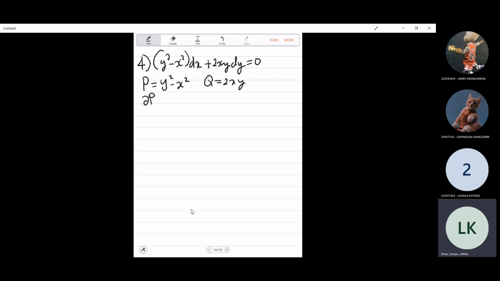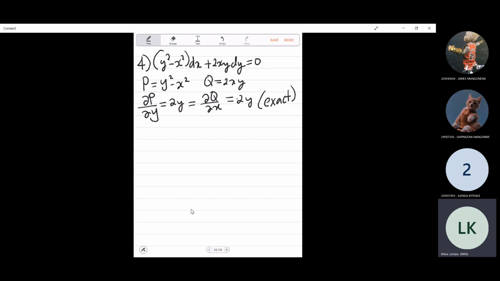So we differentiate p with respect to y, we get 2y. We differentiate q with respect to x, we get 2y. So you can see our derivatives are the same. So this differential equation is exact.